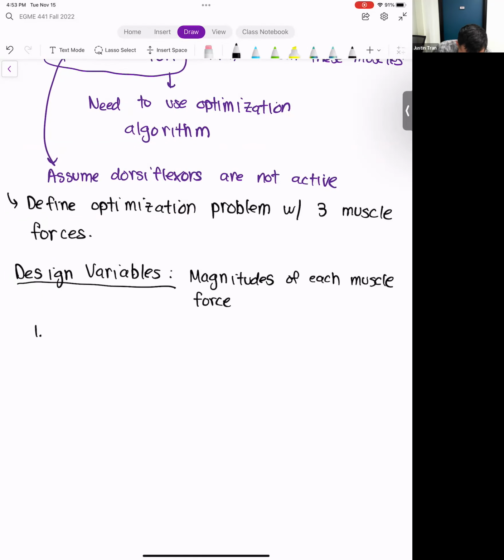Our first design variable is the gastrocnemius force. And we know the cap on this variable. We know that it has a maximum of 4,097 newtons.